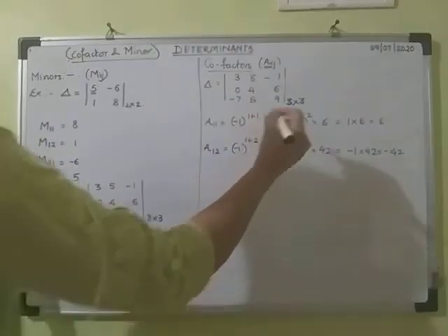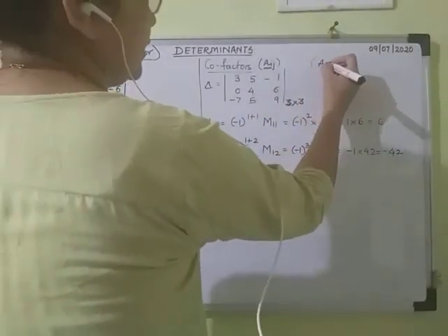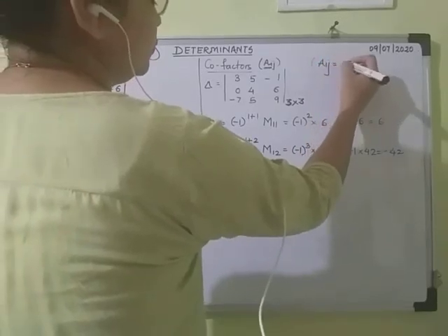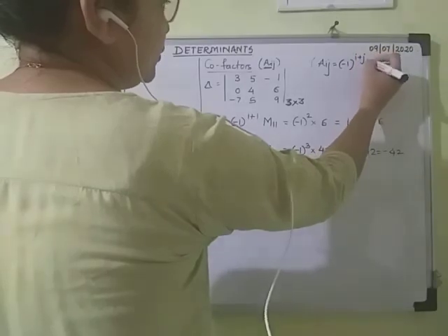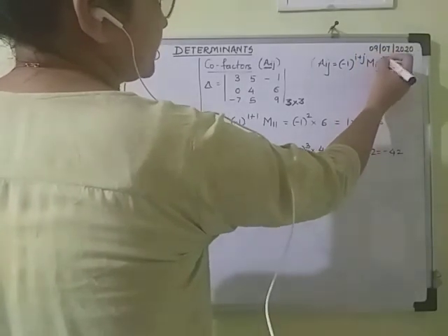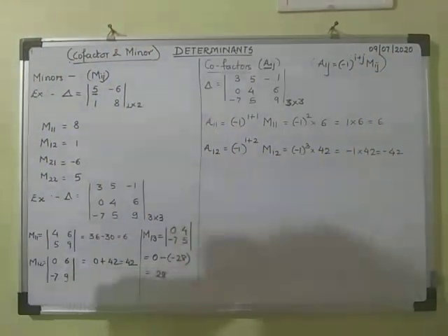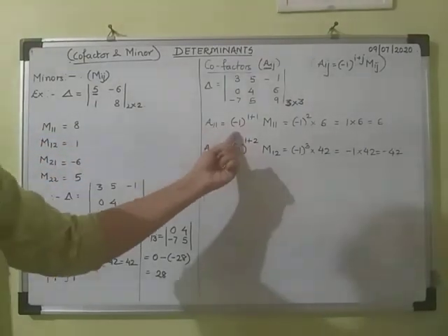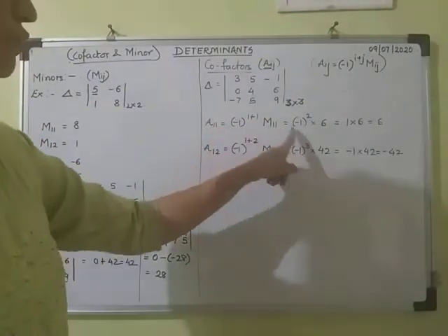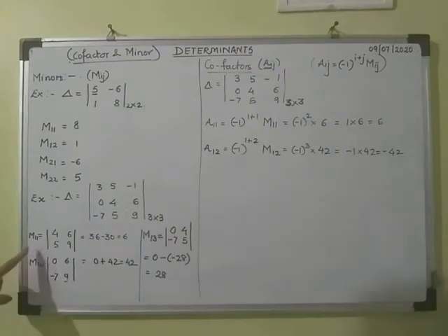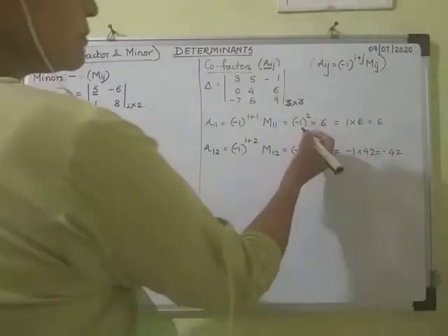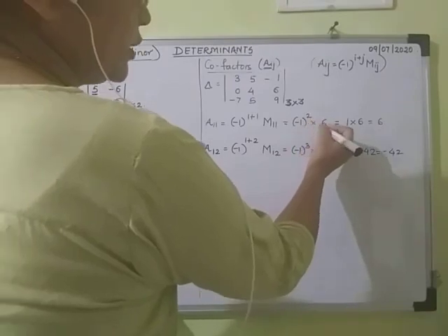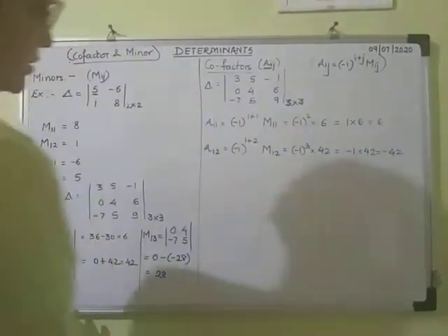The formula is Aij equal to minus 1 raised to i plus j into Mij. This is a standard formula. So minus 1 raised to 2, into M11. M11 we found is 6, so minus 1 squared into 6, that is 1 into 6, that is 6.